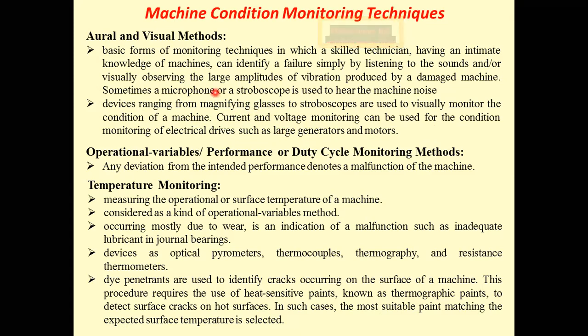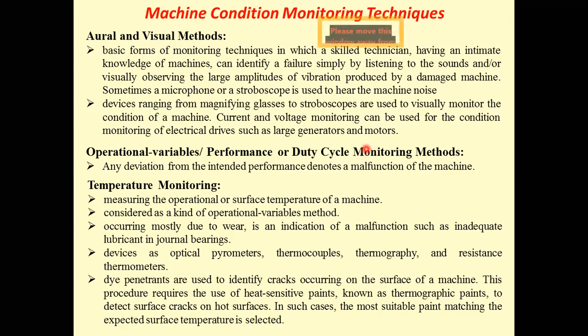So this is the first method by which we can identify the failure in the machine or machine component. The second method is the operational variable technique, also called the performance monitoring technique or duty cycle monitoring technique or method.